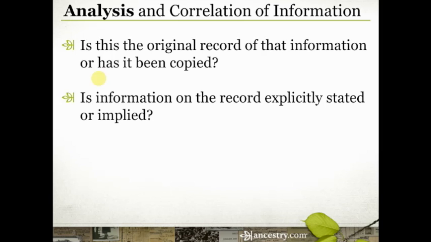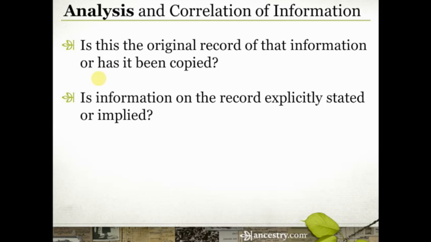Because the census does not explicitly state the birth year of the person, with one exception, the 1900 census. All other censuses only state the age of the person at the time of the census, okay? Which means that the birth year is implied.